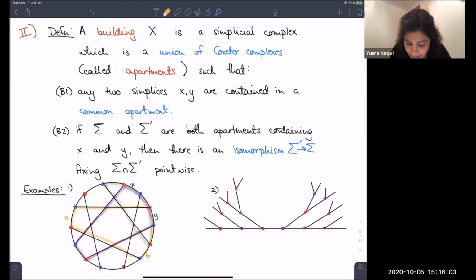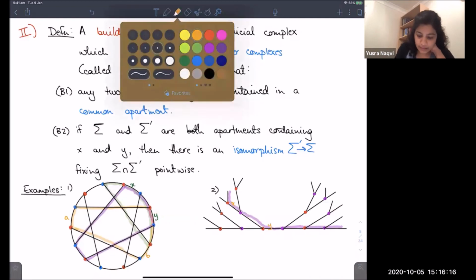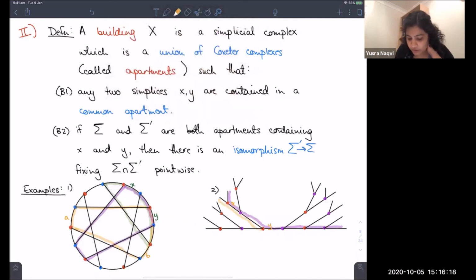And I can do the same thing on this side. If I have X and Y, then I could look at this infinite line. I want a copy of a Coxeter complex, and we've already seen that infinite line example. I could take another copy over here, and these ones would both map onto each other. There's an easy isomorphism from one infinite line to the other by just collapsing one of these down as it branches further and further out.